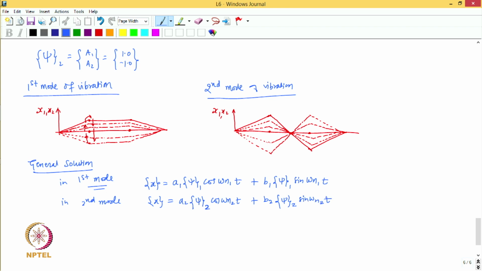Okay. And therefore, the general solution would consist of a linear combination of both these motions.